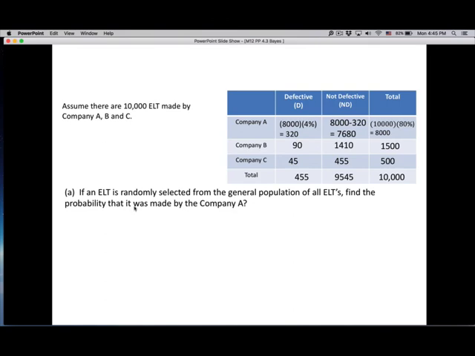So find the probability that it was made by company A. Company A is 8,000 out of 10,000, so that's 0.8. Find the probability that it is found to be defective. So the total number of defective ELTs is going to be 455 out of 10,000.